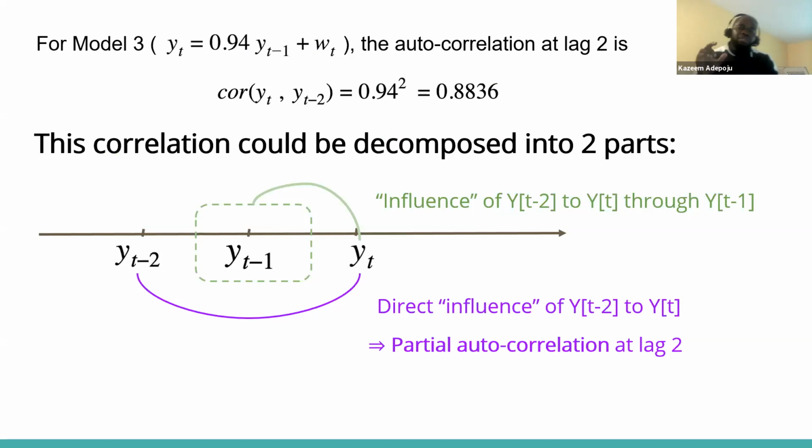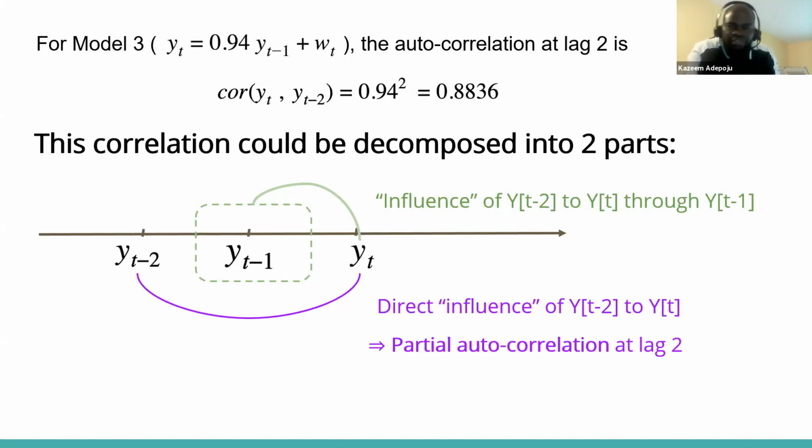Now, let me remind you of what we've done in linear regression. You're going to see the connection between this and linear regression right now. In a simple linear regression where you have one predictor, let's say you are looking at the effects of advertising on sales.